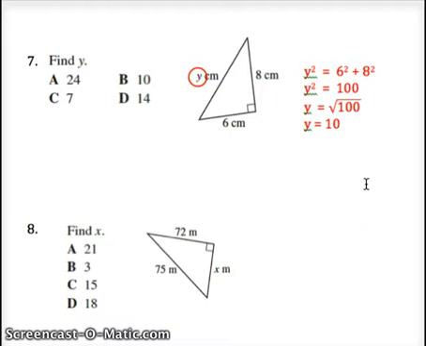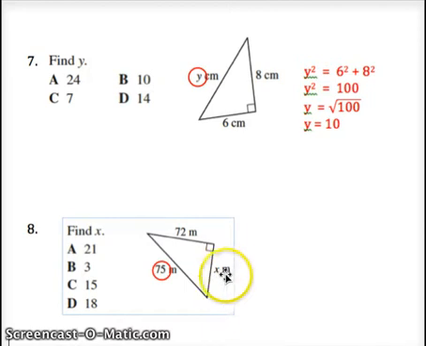Now for question 8, start off by circling the hypotenuse, which is 75. We know therefore that 75 squared equals 72 squared plus x squared. But because we're trying to find x, we should always write the letter that we're trying to find first.